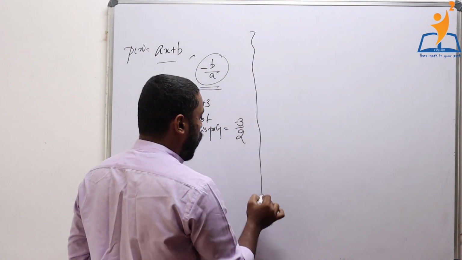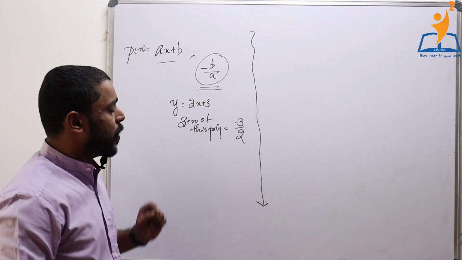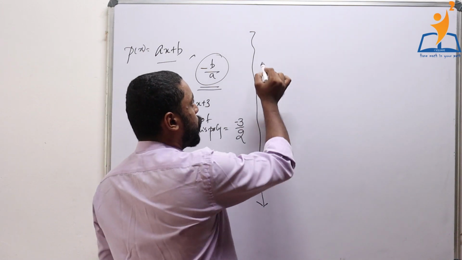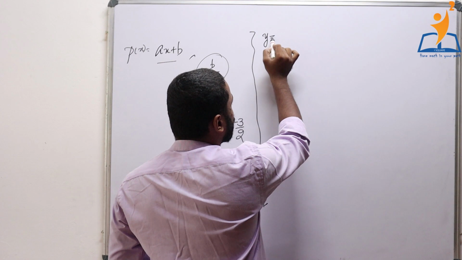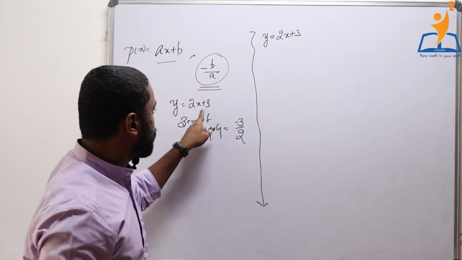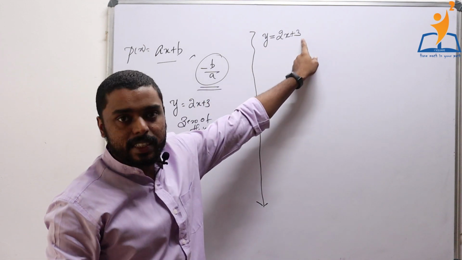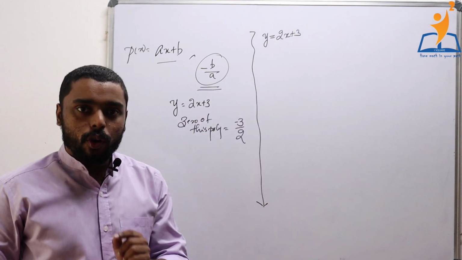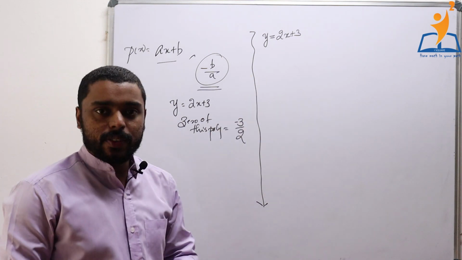Now we shall plot the graph of this function. How can we plot it? For any function, to plot the graph, we should name it y is equal to 2x plus 3. So our polynomial is 2x plus 3 and we write it like this, y is equal to 2x plus 3. Now we are going to plot the graph of this function.